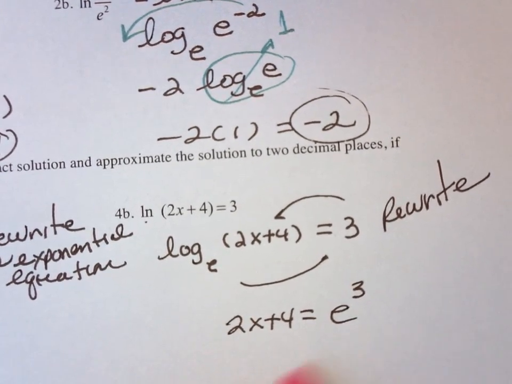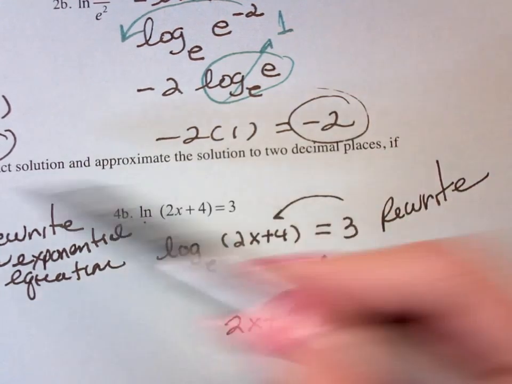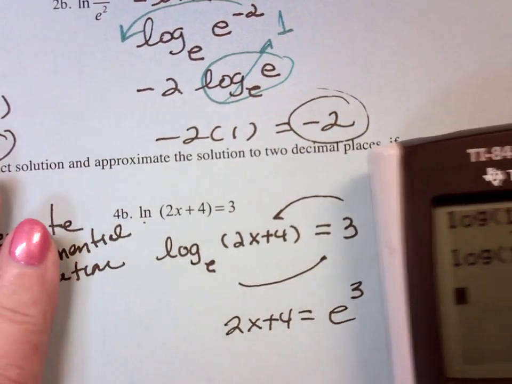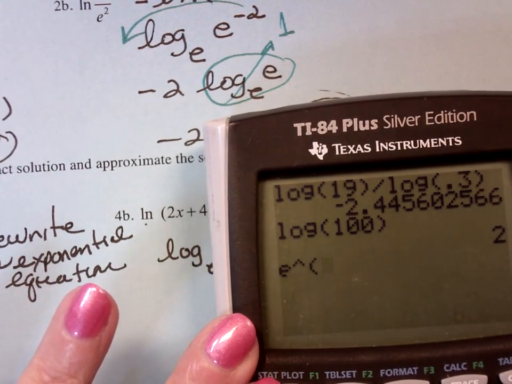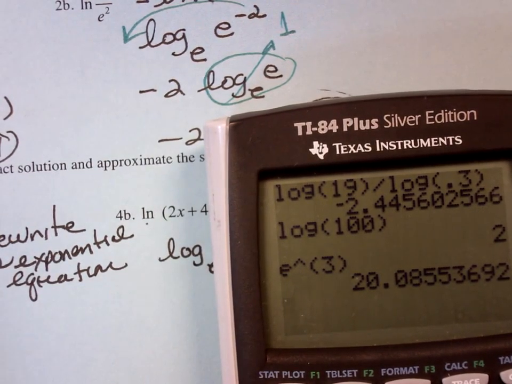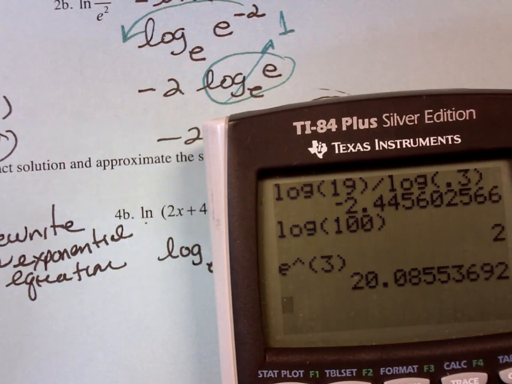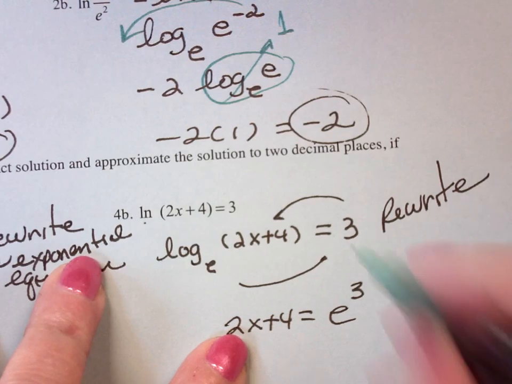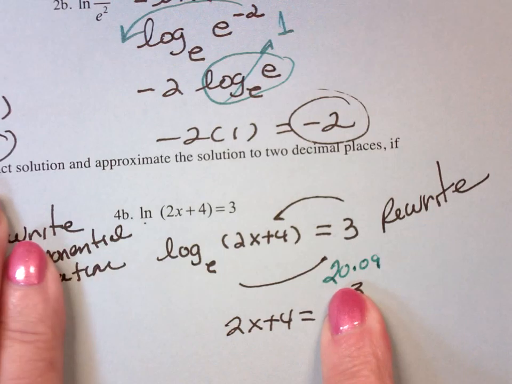Now, it says do an approximate solution, but if you're not comfortable working with e cubed, just do a calculation. e cubed is 20.0855. Just put 20.09. And then what you would have here is an equation that was just numbers.